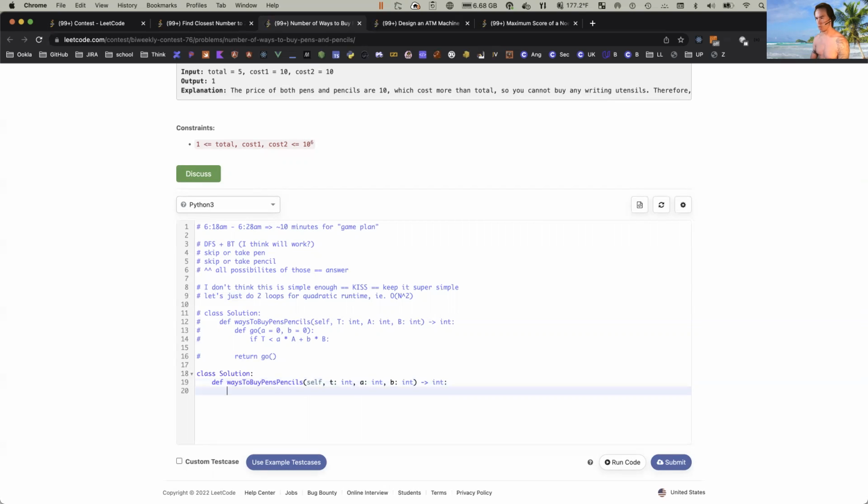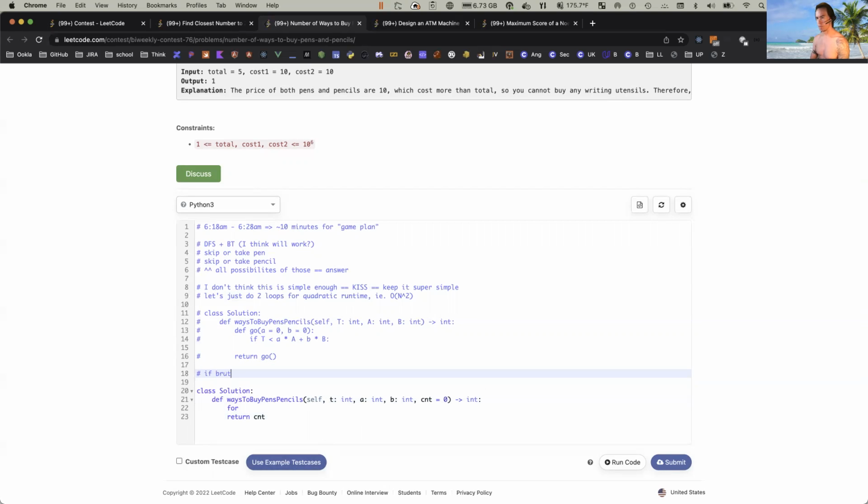So let's see. If brute force TLEs, then we need to, maybe we need to make the product calculation more efficient.